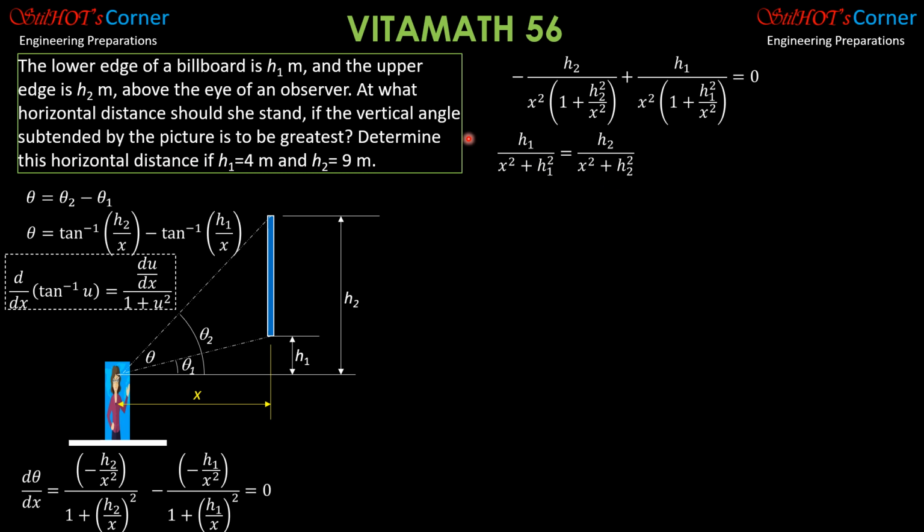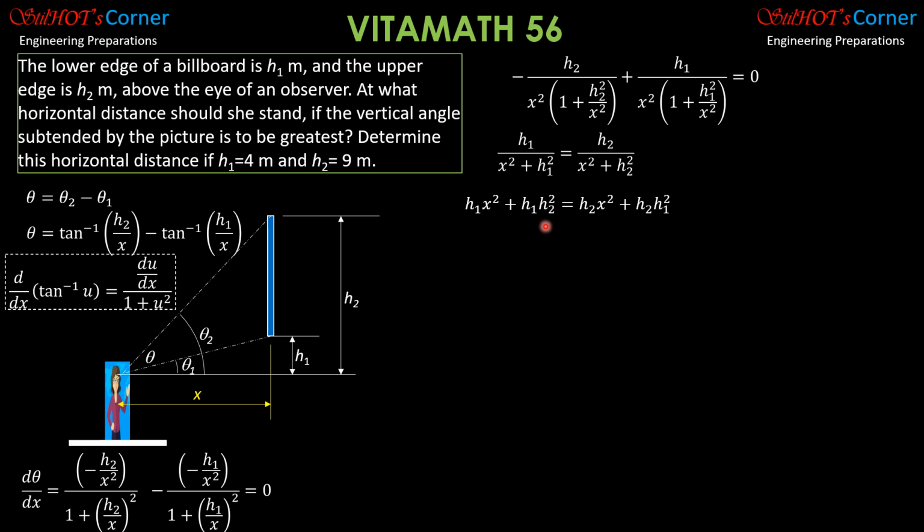We then cross multiply, so we have x squared h1 plus h1 h2 squared equals x squared h2 plus h1 squared h2. For these terms, common is h1 h2.